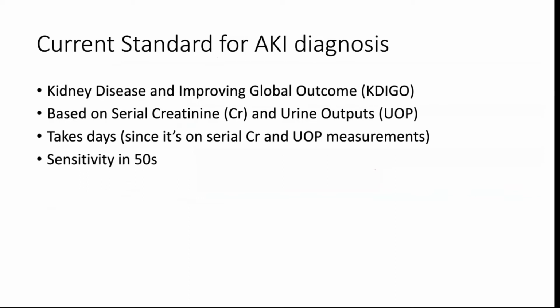KDIGO is based on serial creatinine and urine outputs, in short. Because of that, it can take days for you to get the answer. And even with that, not surprisingly, because urine output especially can be very variable, it doesn't have the best sensitivity, especially within the population we were looking at, which was the burns population.